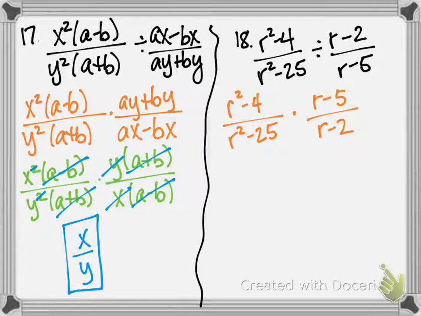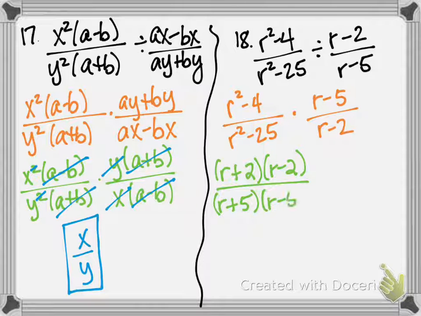Now going to number 18, remember difference of squares is going to be one that's used a lot. So this is r plus 2 and r minus 2 on the top, and r plus 5 and r minus 5 on the bottom, times r minus 5 in parentheses over r minus 2 in parentheses.